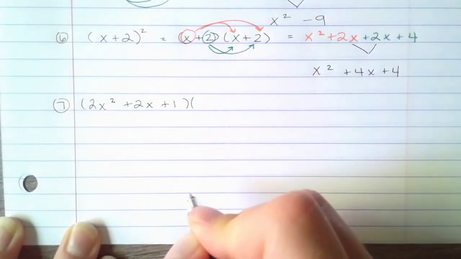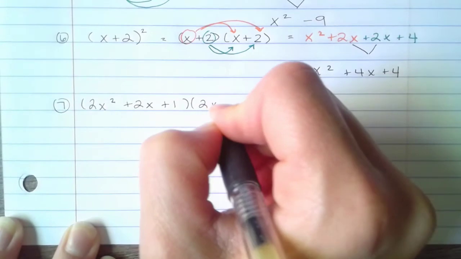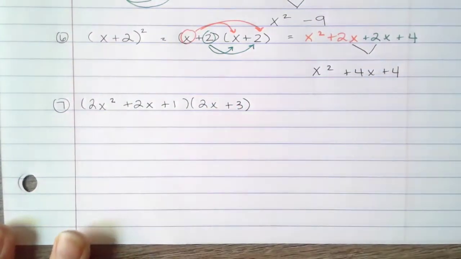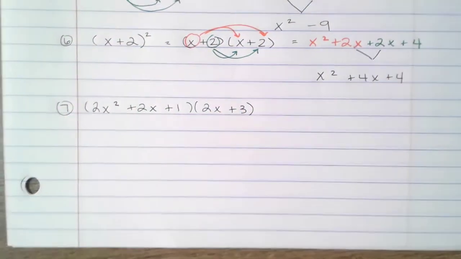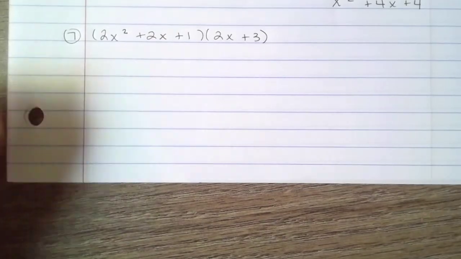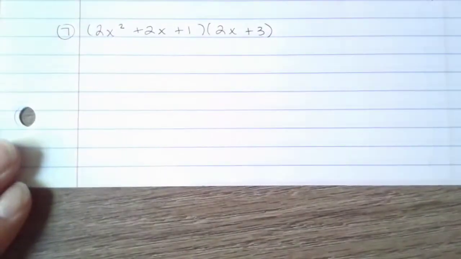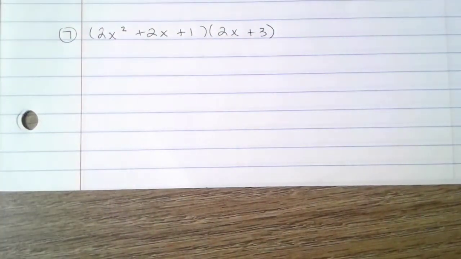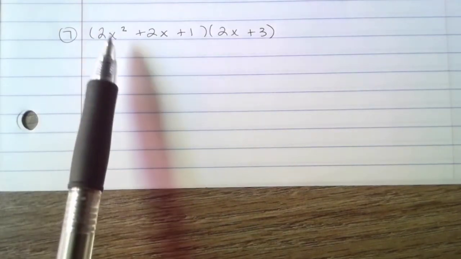And then my binomial is 2x plus 3. The process stays the same. In fact, I'll even do this so you're just focused on this example. There are 3 terms. 1, 2, 3.